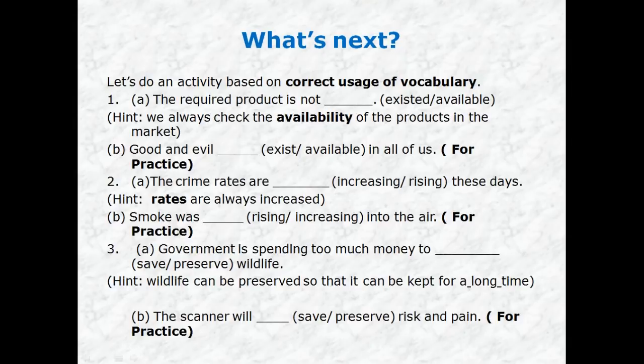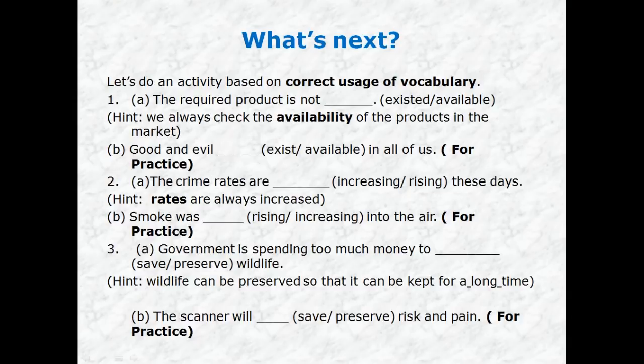Second sentence for the same synonym pair: good and evil exist in all of us. These are not things which are available. Second sentence is, the crime rates are blank these days. The crime rates are increasing these days, because rates are increasing, not rising.